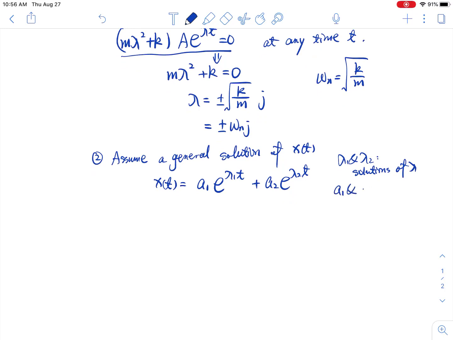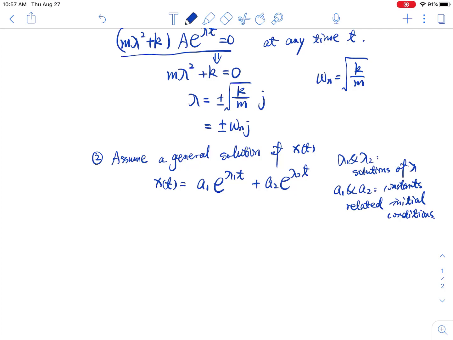And a1 and a2, they're constants to be determined, but they're also related to initial conditions. All right. So we know initial position and we also know initial velocity.